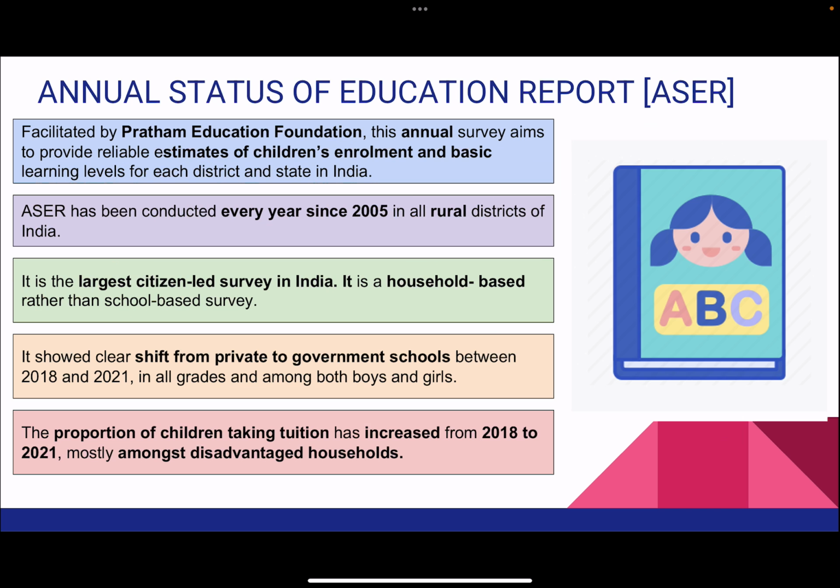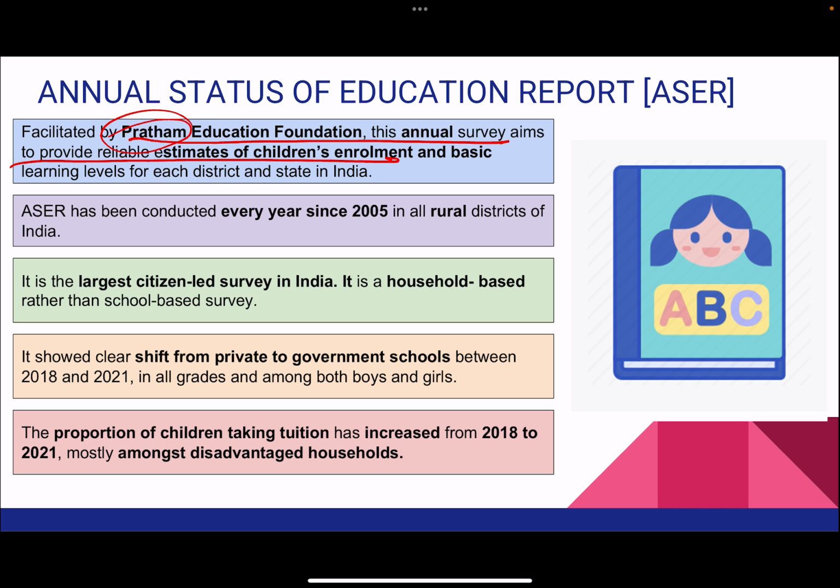Next is the Annual Status of Education Report, ASER. This is facilitated by an NGO, Pratham, and in coordination with the Ministry of Education. This ASER report is being prepared by the Pratham NGO, and even our budget and our ministries take inputs from these reports, which are released every year.